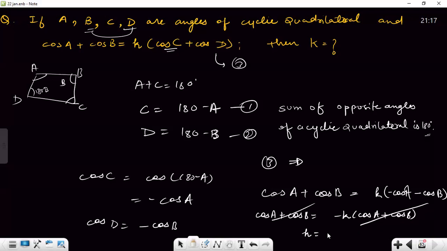K becomes minus 1. Are there any questions? Please read the question again in the solution and try to understand how we have eliminated cosine of C and cosine of D by writing them in terms of A and B because of the given information.